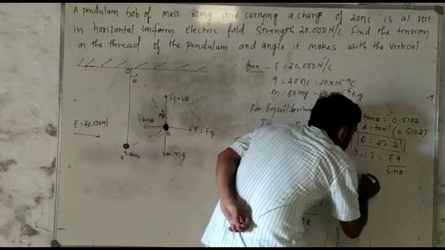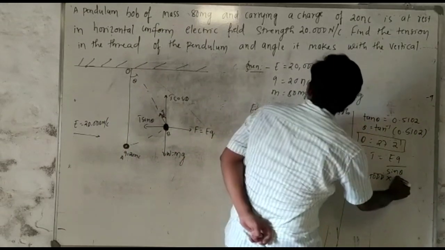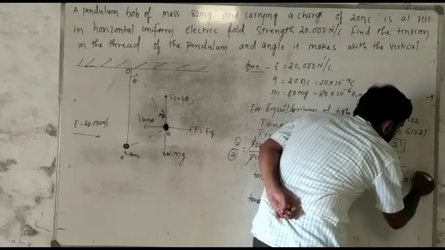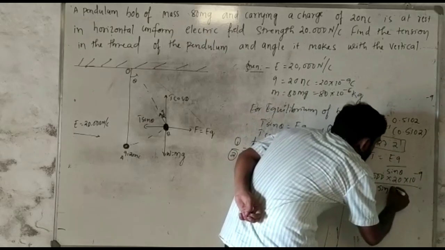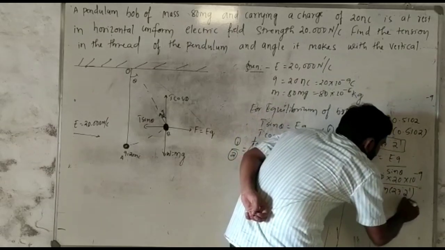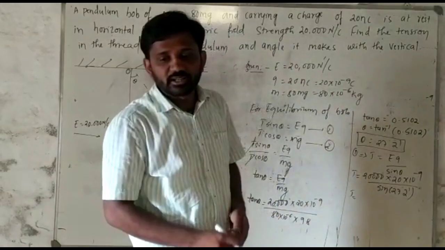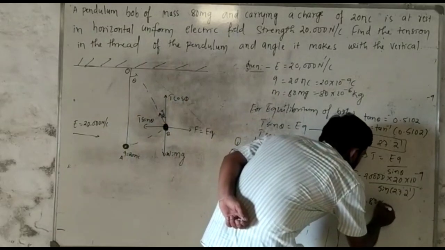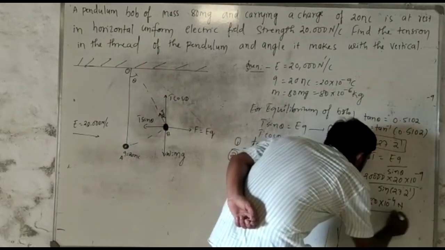T is equal to 20,000 into 20 into 10 raised to minus 9, divided by sin of theta, which is 27 degree 2 minute. Simplify this one, we get the answer 8.80 into 10 raised to minus 4 Newton. It is the tension in the thread.